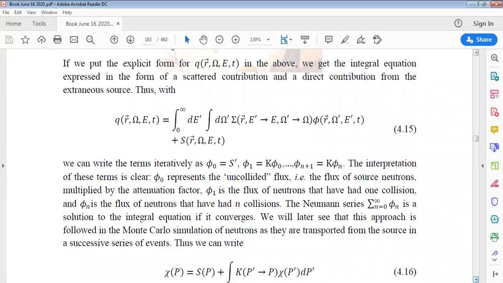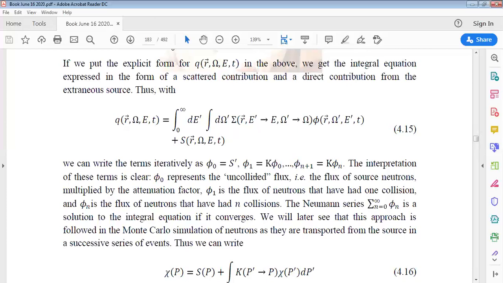value for phi. And this is what Neumann recognized, that these actually represent the contributions coming from zero collision or from a finite number of collisions. So if you express the solution of the integral equation as a summation of phi n, where n goes from 0 to a very big number, then you can see the uncollided flux, which means how many of the source neutrons are coming directly onto the detector.